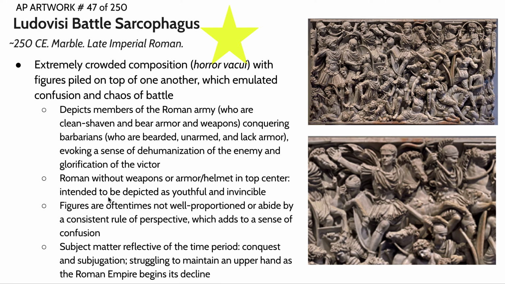So one of the other things that you'll notice about the Ludovisi Battlesarcophagus is that the figures are not oftentimes well proportioned or abide by a consistent rule of perspective. So when we look at this figure, for example, his arm is quite large for the size of his head.